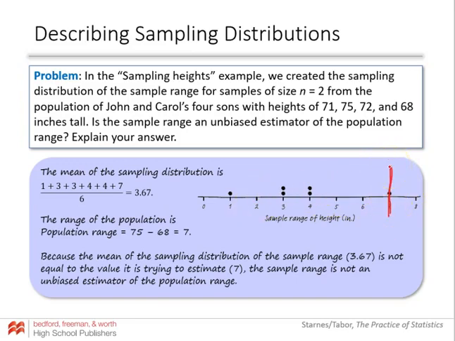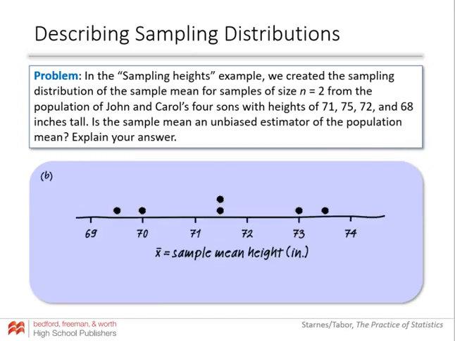No. Okay, so range is not an unbiased estimator. If we look at that same example where we did the means, the mean of these four numbers together is 71.5, which would be right here. If I look at these dots, are these dots approximately centered around 71.5? The answer is yes. So X bar, the sample mean, would be an unbiased estimator of the population mean.